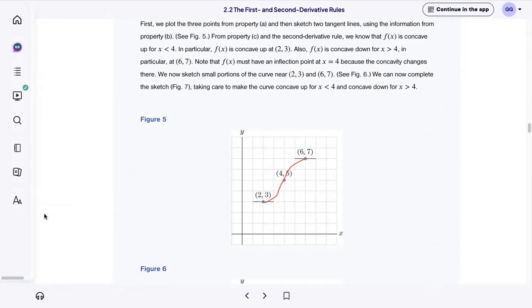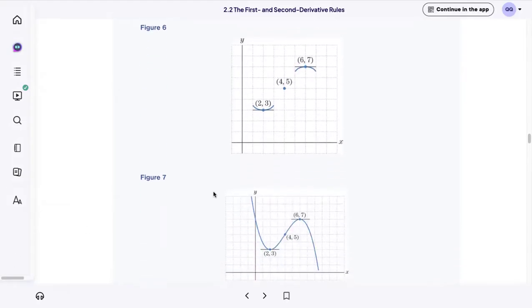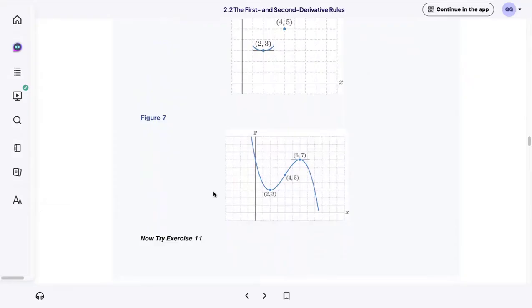That's how we use the first derivative and second derivative to sketch the graph. Not exact, but we're given these 2 points as critical points, right? So we know this is a critical point, this is a critical point, and we know this is concave up, and this is concave down.